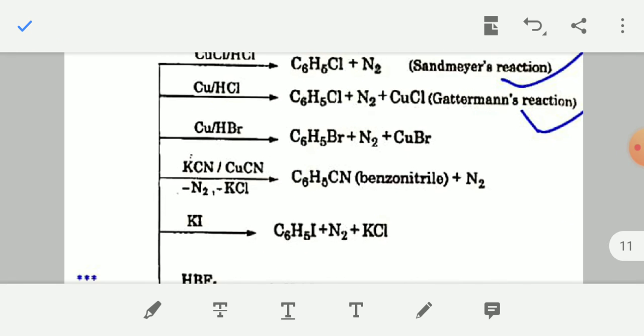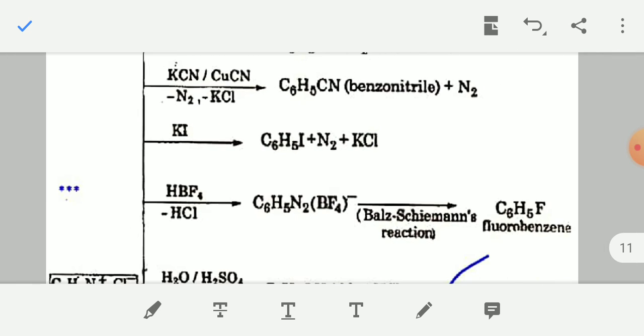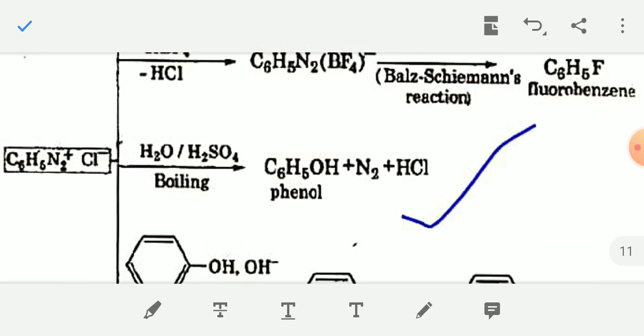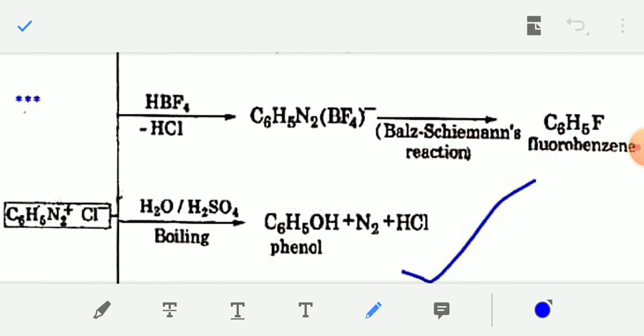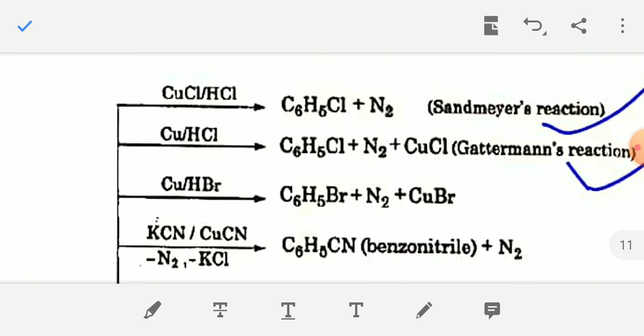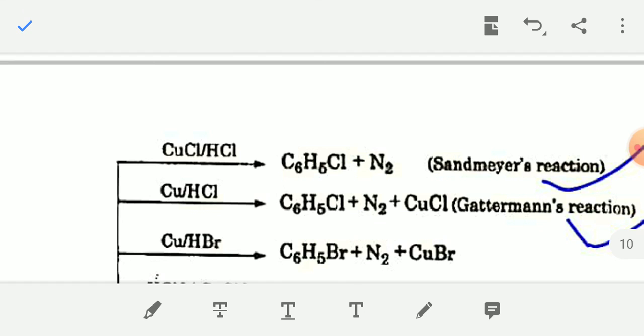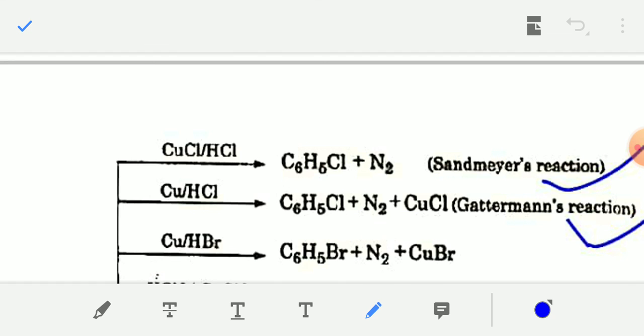And this is known as the Sandmeyer reaction. When benzene diazonium chloride, C6H5N2 plus Cl minus, reacts with CuCl in HCl or CuBr in HBr, they will produce chlorobenzene or bromobenzene. These are known as the Sandmeyer reaction.